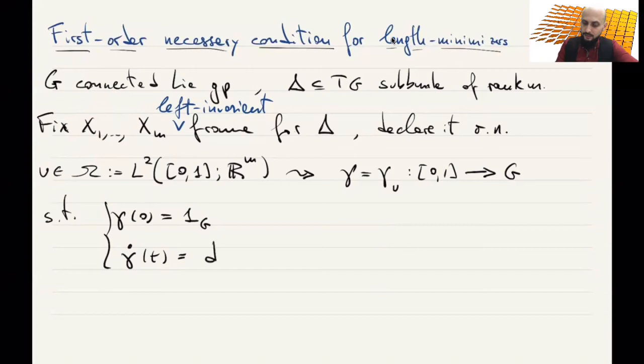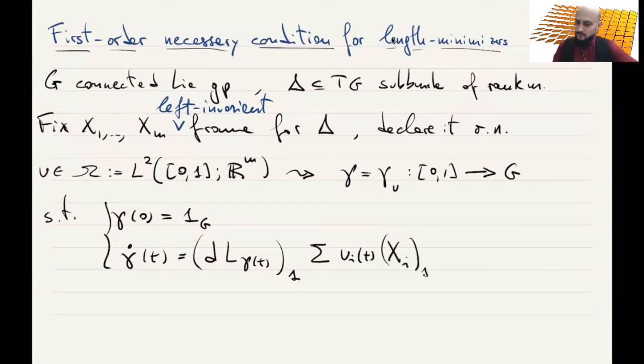Let's see it as the push forward by left translation by gamma t of a vector at the identity, and the vector at the identity is the sum of u_i(t) x_i at 1.